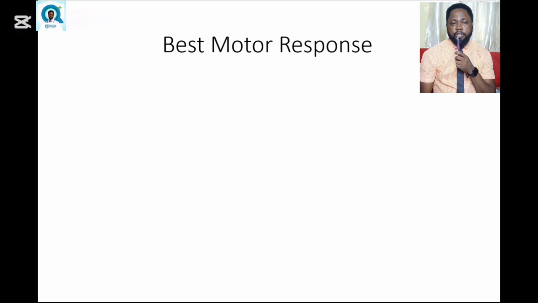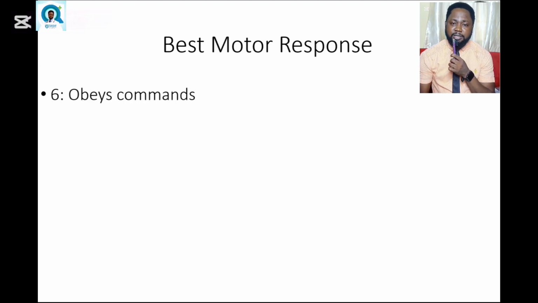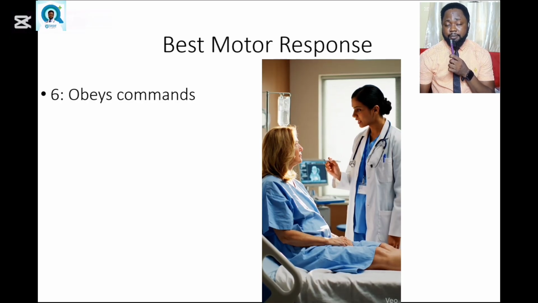The next component of the GCS is the best motor response. This evaluates the patient's ability to follow commands and respond to physical prompts. It is scored as follows. The score of 6 is given when the patient obeys commands.